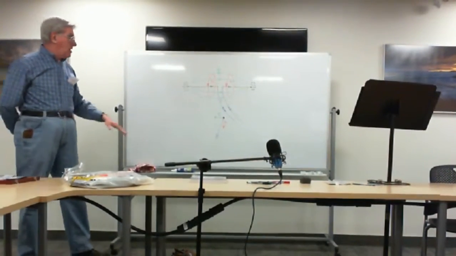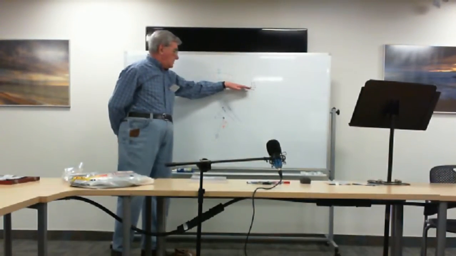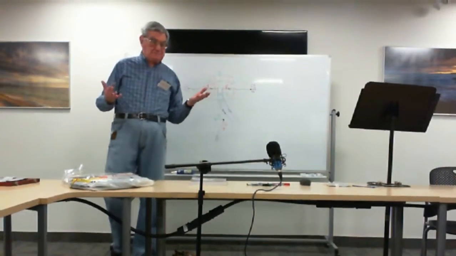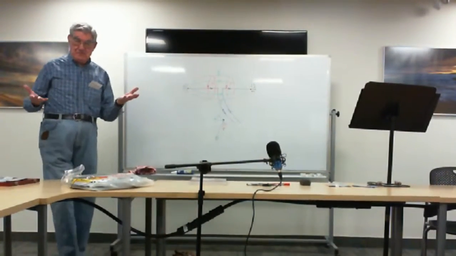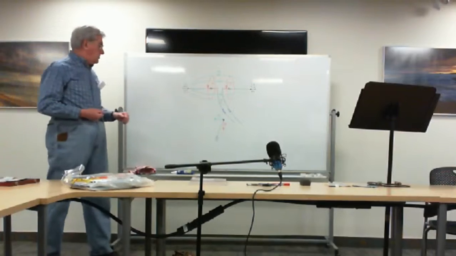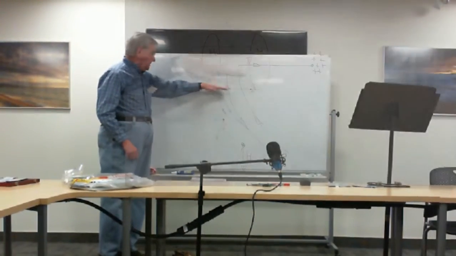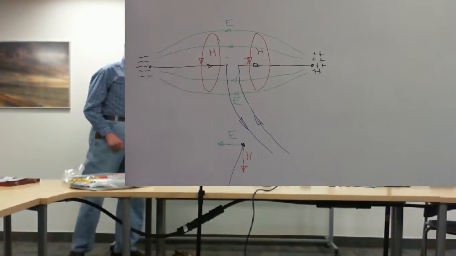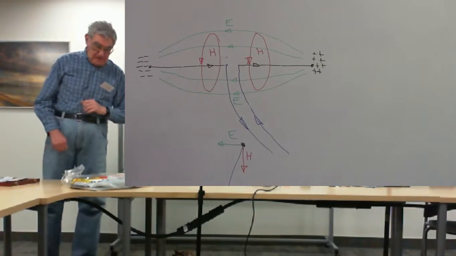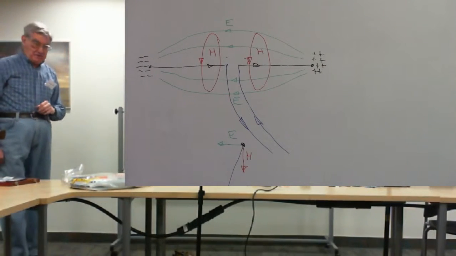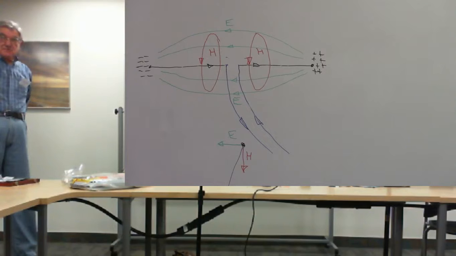Actually, I really shouldn't say direction, because the wire itself has two directions really, doesn't it? So let's just say orientation. The orientation of the electric field is the same as the orientation of the antenna. And this works for any simple antenna.